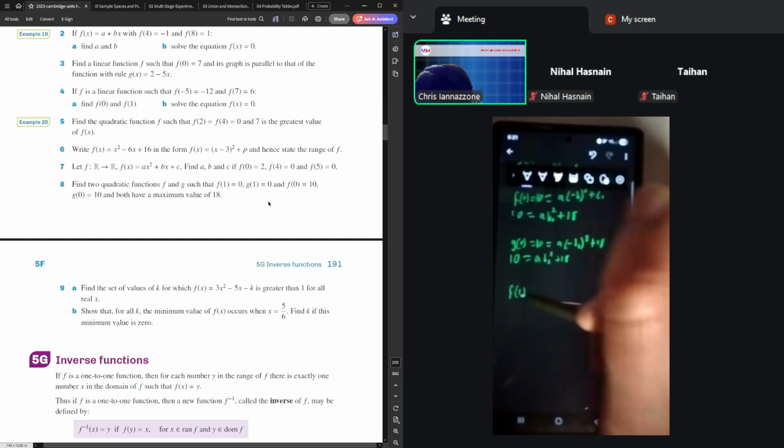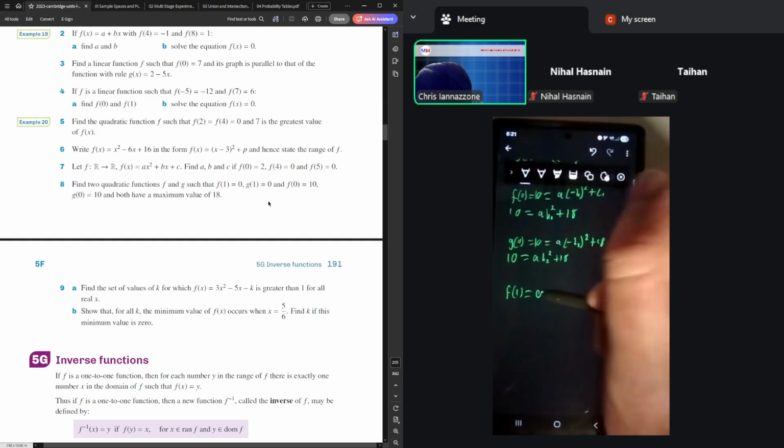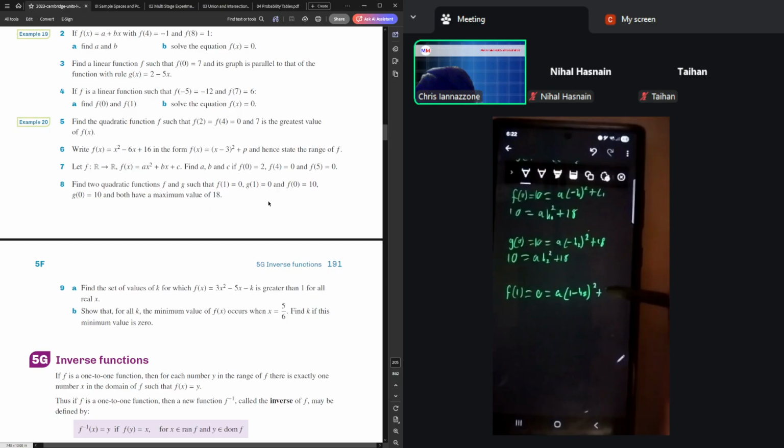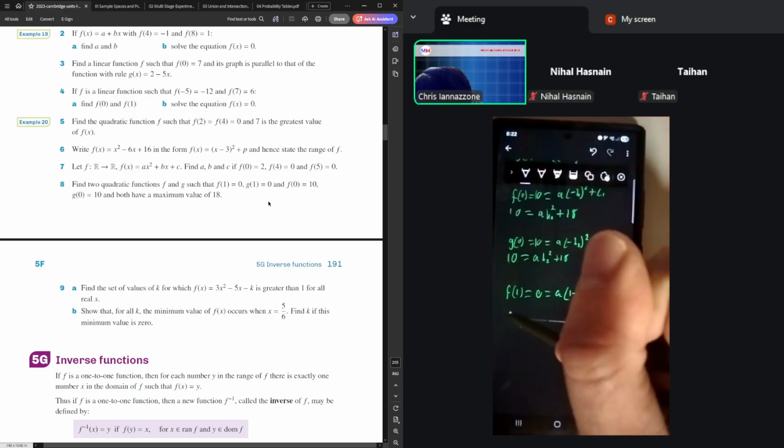Got f1 is 0, so a bracket 1 minus h2 all squared plus 18. That's kind of all we can do there.